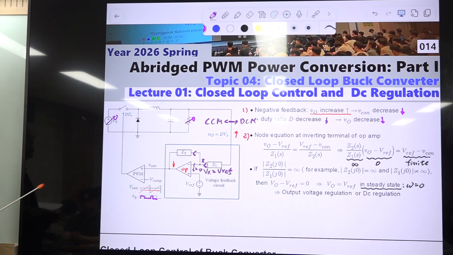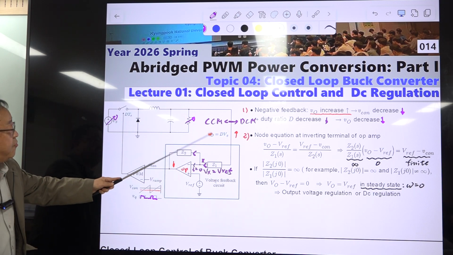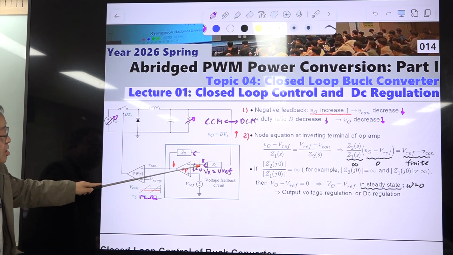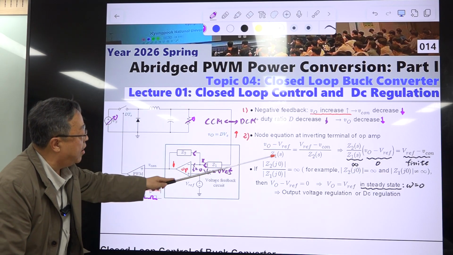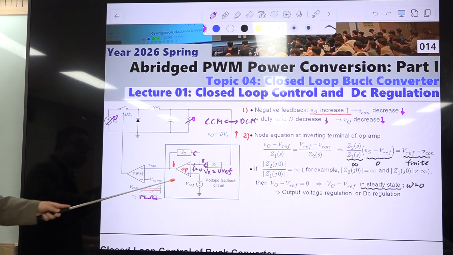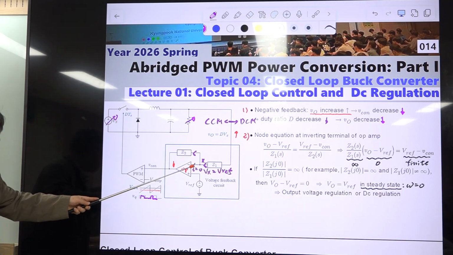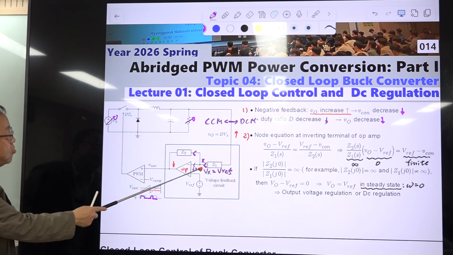So here we set up a node equation at this point, KCL, right? So this is the VO, and this voltage is V reference. So VO minus V reference divided by this impedance G1 is the incoming current to this point, and this current is 0. Assume this is an ideal one. Then there should be an outgoing current.